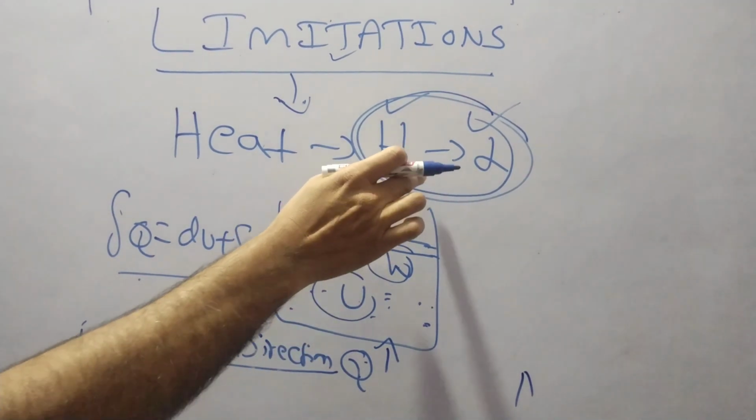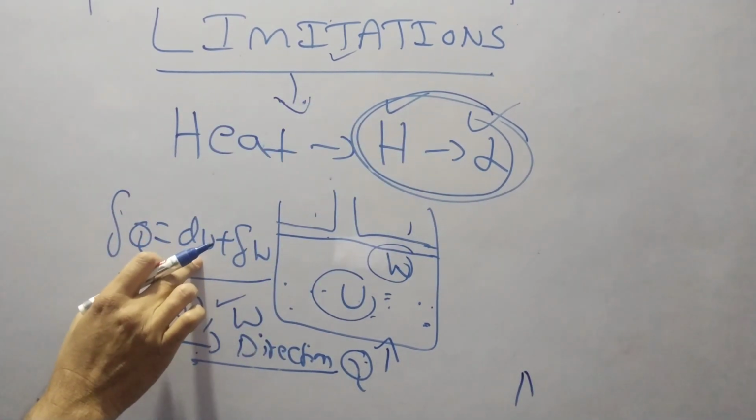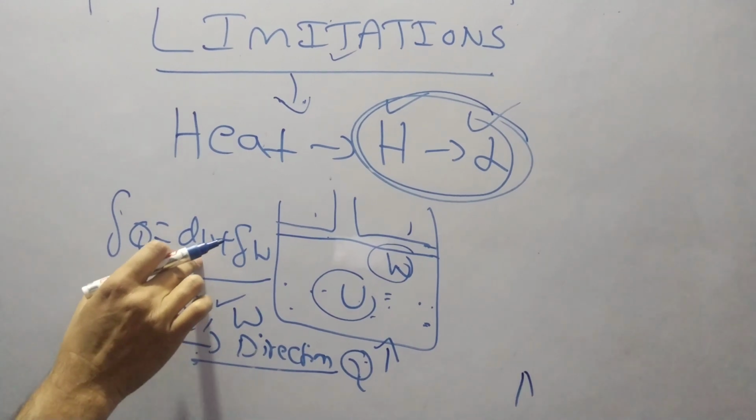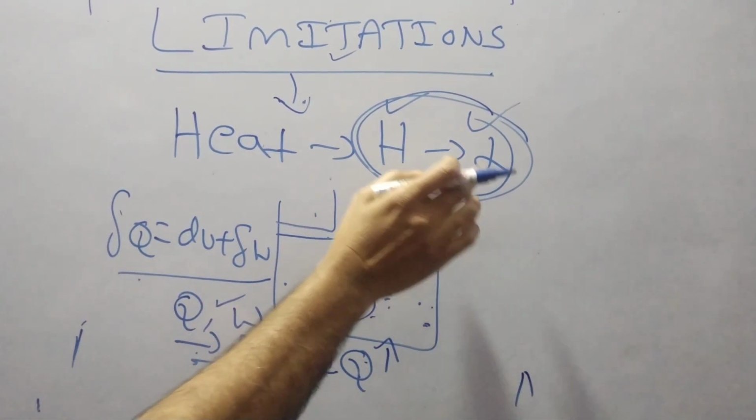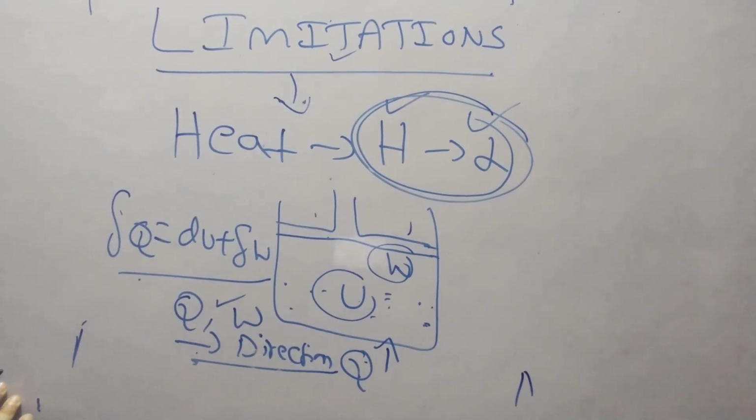This condition was not invented by the scientists when the first law was invented. That heat flows from higher temperature to lower temperature, that condition was not there at that time.